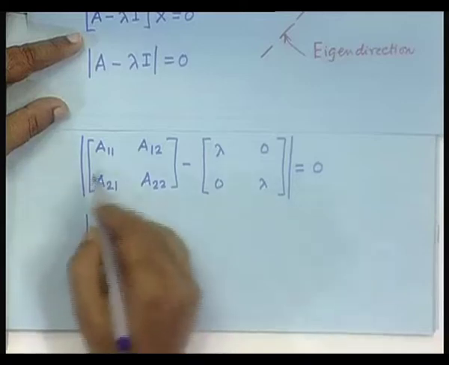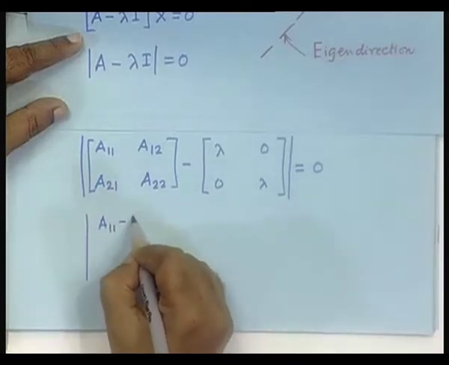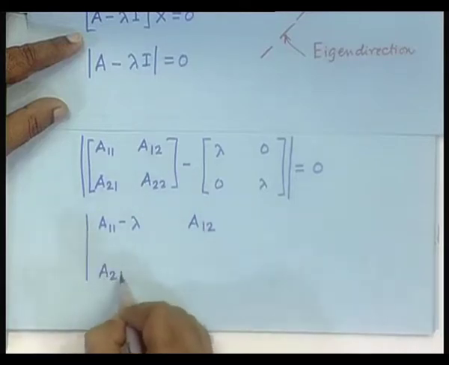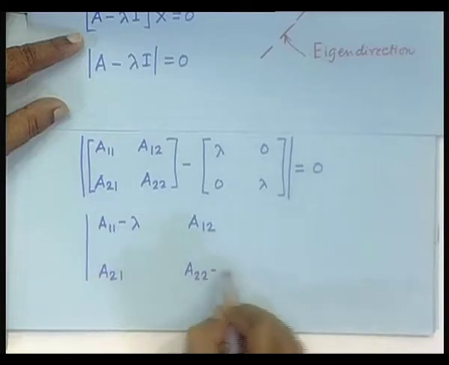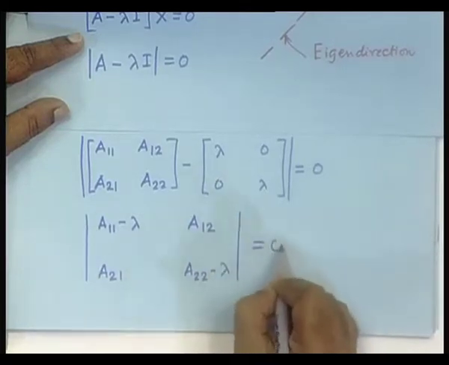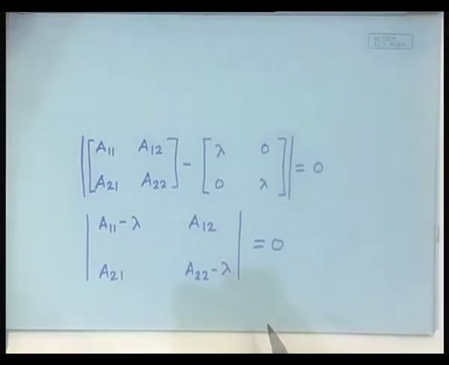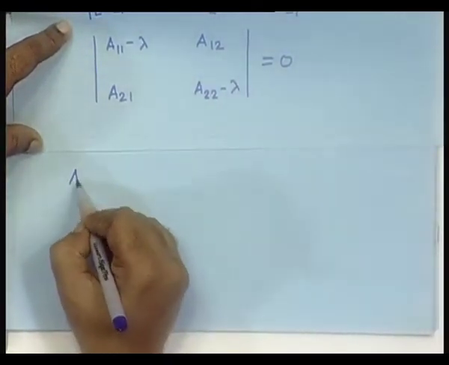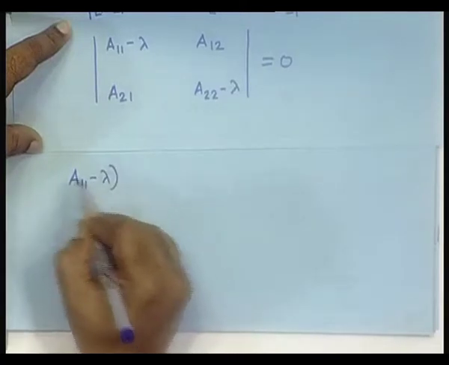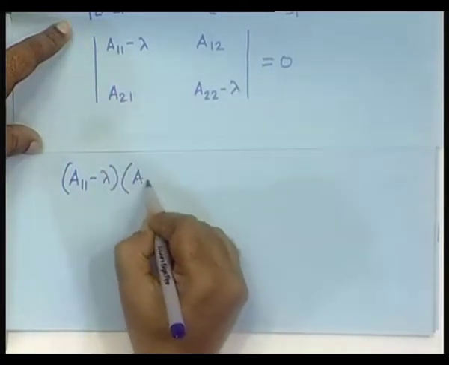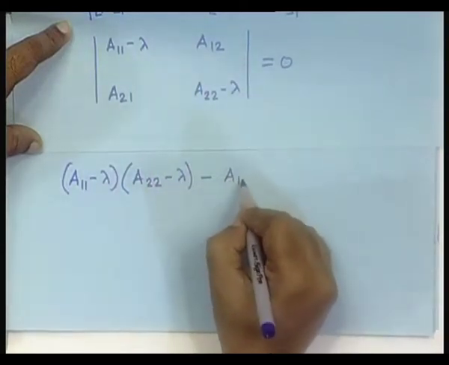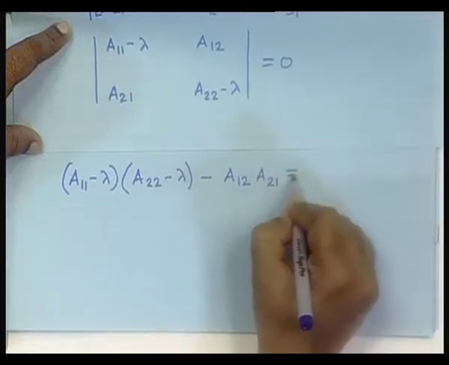That is nothing but the determinant of A11 minus lambda, A12, A21, A22 minus lambda equal to 0. From here we can write (A11 minus lambda) times (A22 minus lambda) minus A12 A21 is equal to 0.